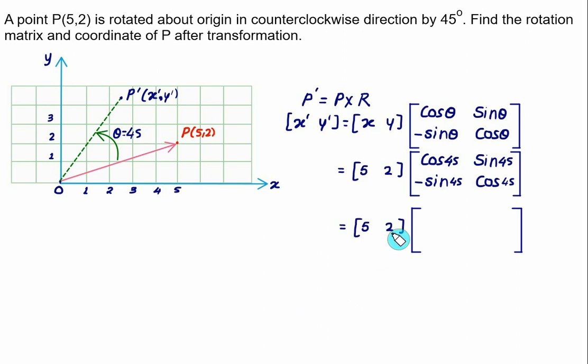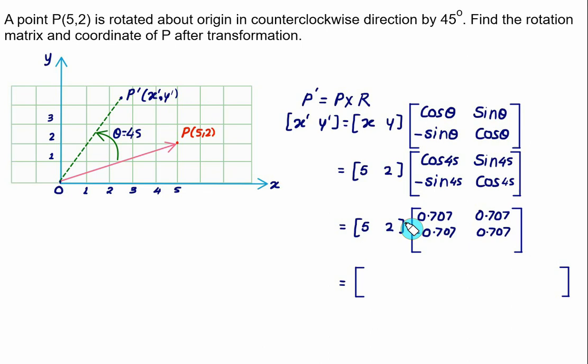So we have 5, 2, and cos 45 is 0.707. Sin 45 is also 0.707, that is 1 by root 2. Sin 45 with a negative sign is minus 0.707. Cos 45 is also equal to 0.707.